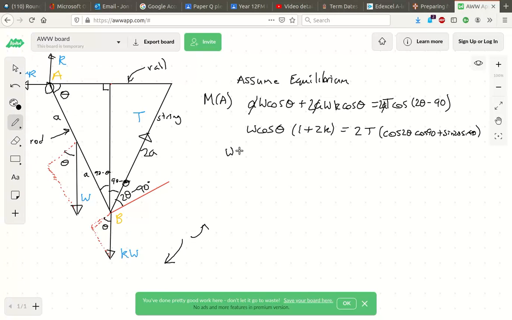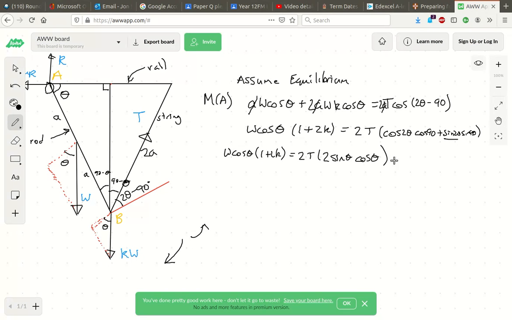So I get W cos theta multiplied by 1 plus 2k equals 2T, and now if you look, this tidies up quite nicely because cos 90 is 0, sine of 90 is 1, so you're left with sine 2 theta. But everybody knows that sine 2 theta is the same as 2 sine theta cos theta.